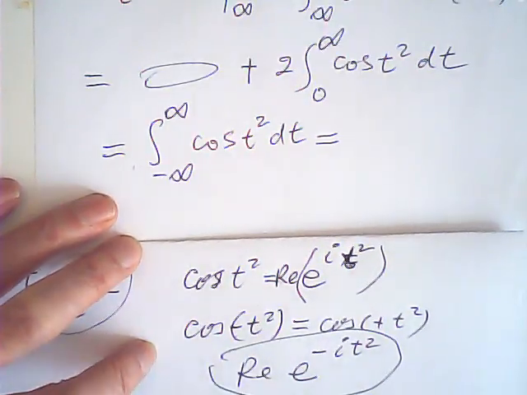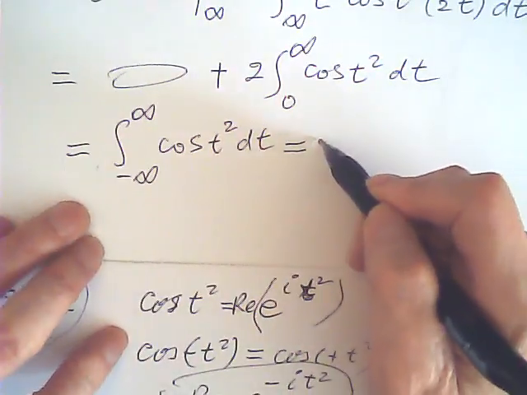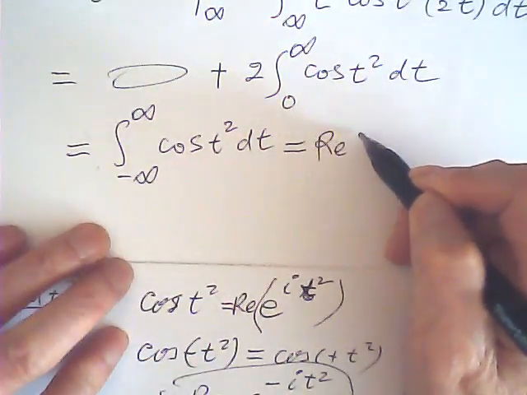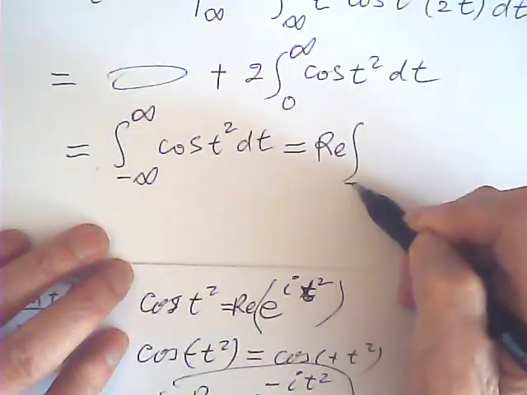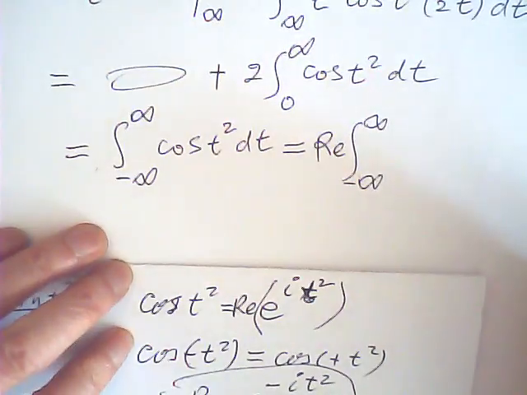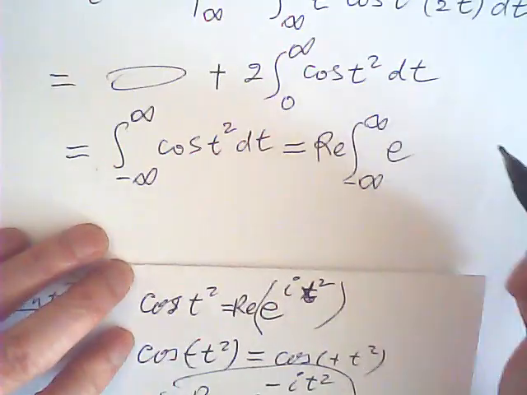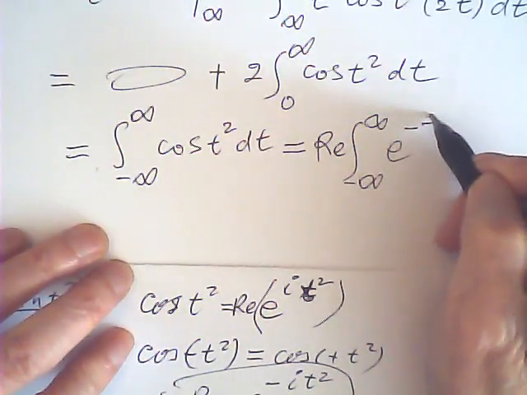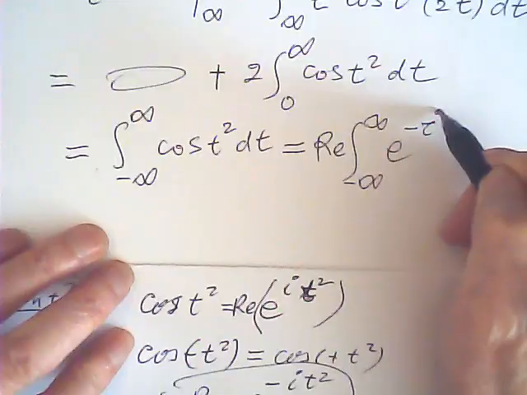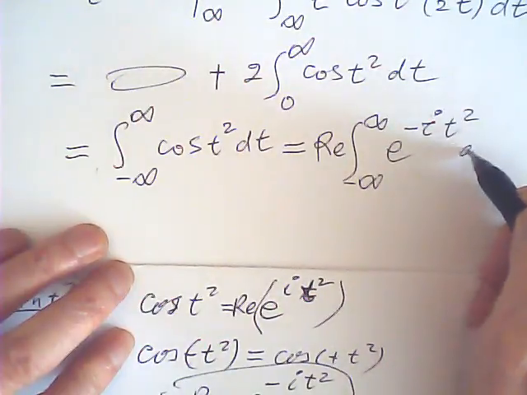So the same thing. So this one is equal to the real part of exponential negative i t squared dt.